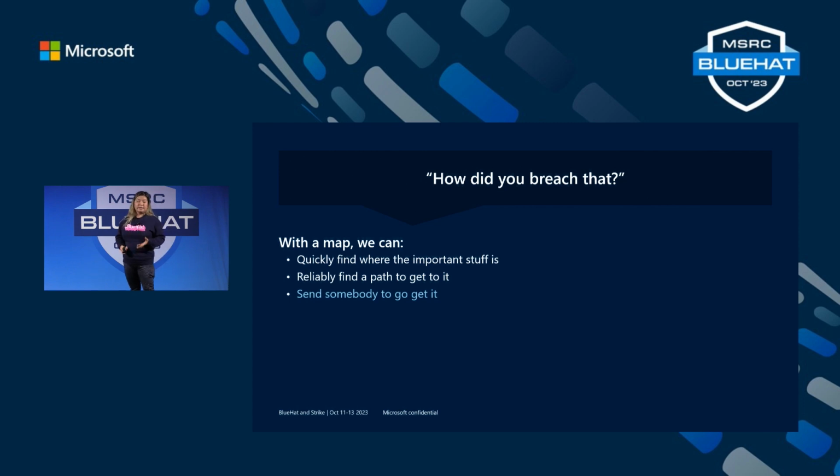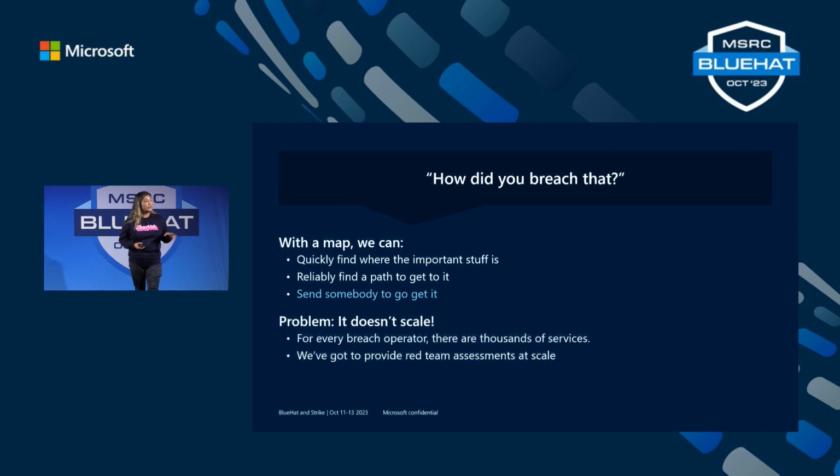And that's all great, but there's a problem, right? It doesn't scale. There are only so many people on the Azure Red Team. There's only so many humans, period. And we simply do not have the scale necessary to cover all of Microsoft services. In fact, for every single breach operator in the company, there are thousands of services that need to be covered.